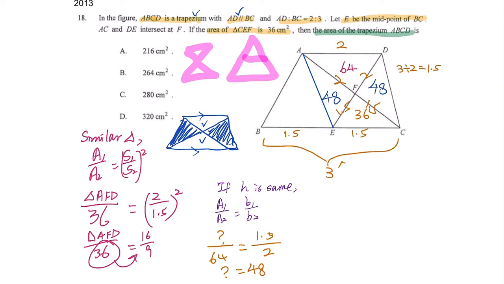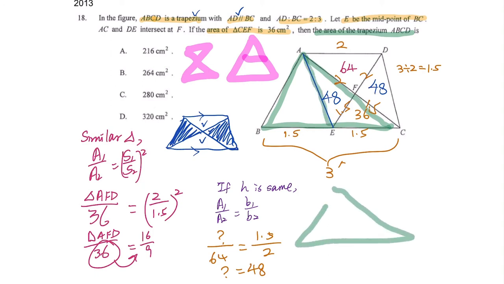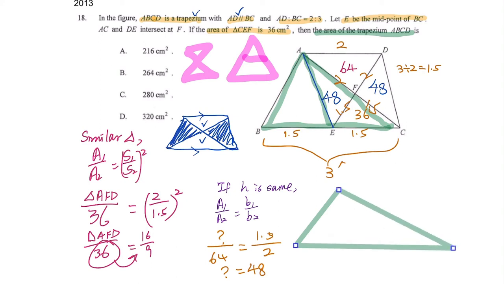Okay, until here. So how about this last step? Yeah, well, it's not that hard as well. See, again we can find same height and different base triangles. Where do we find it? Hopefully some of you can see it already. Here. See, let's draw it. This one we don't know, and this one is 48 plus 36.